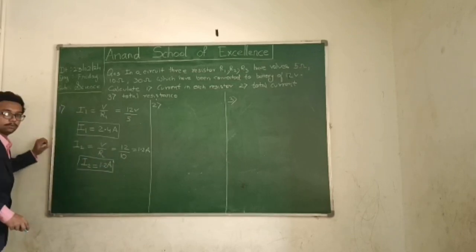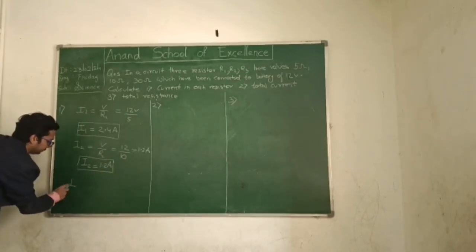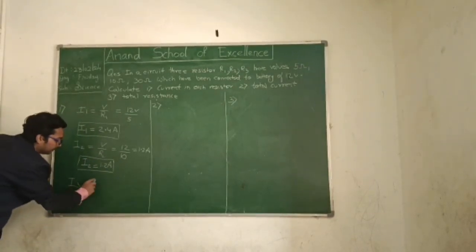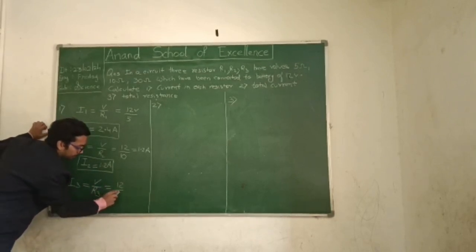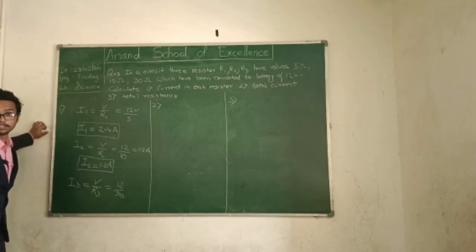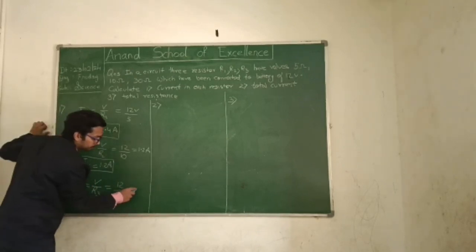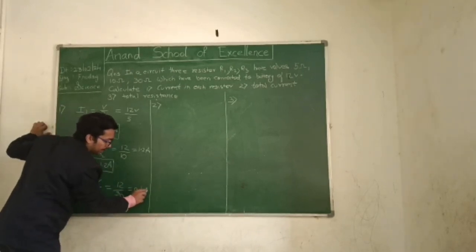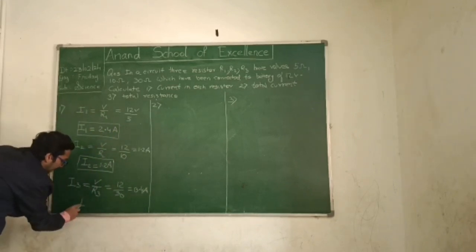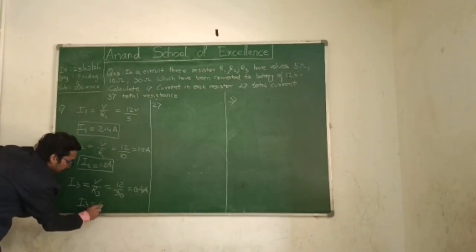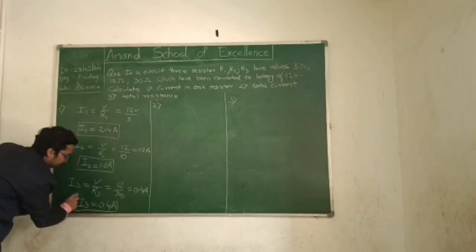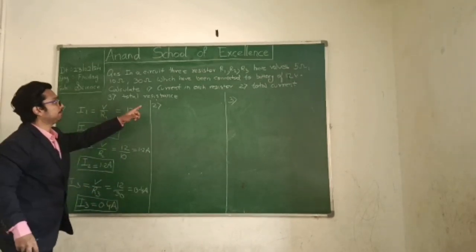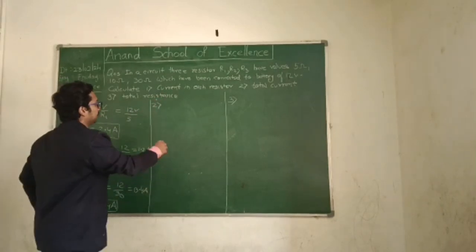Okay, this is I2. Now we have to find I3 for third resistor, V upon R3. 12 upon 30, because the value of R3 is 30. We get 0.4 ampere. I3 is equal to 0.4 amperes. Okay. Now we have to find total current in the circuit.